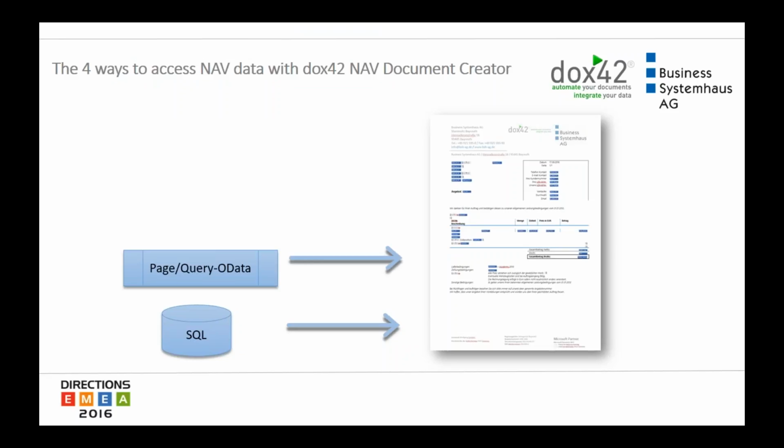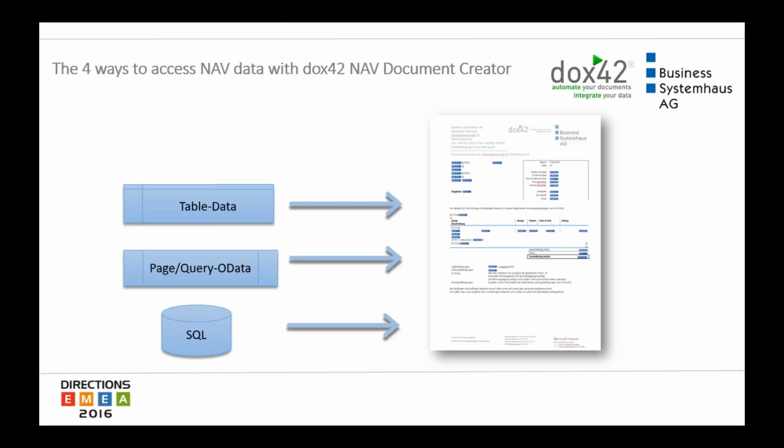The next one is to use page Query-OData. So you know that you can export a page or a query as OData service, and you can connect to that from dox42. You can use that from NAV 2013 on.